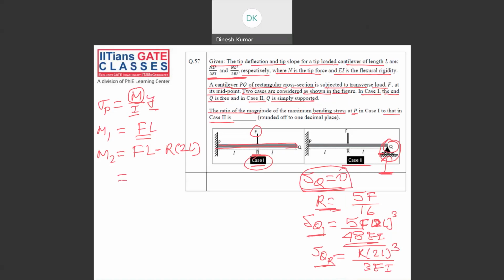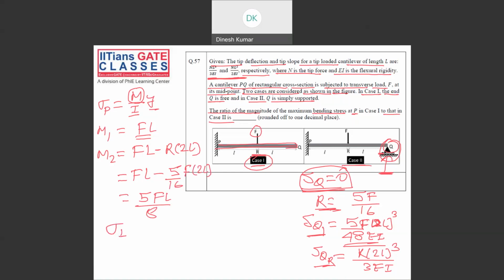So we will substitute this in M2. So it is FL minus 5 by 16 F into 2L. So from here, your M2 will be coming as 5 FL by 8. Now guys, they ask the ratio of maximum bending stress for case 1 to case 2.